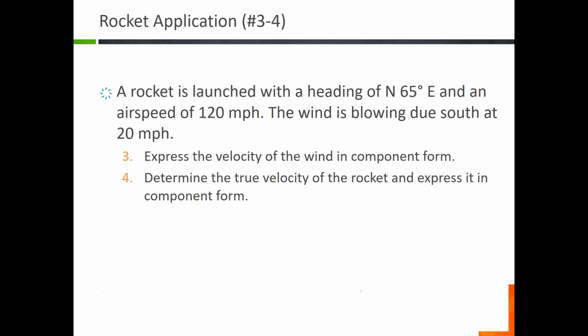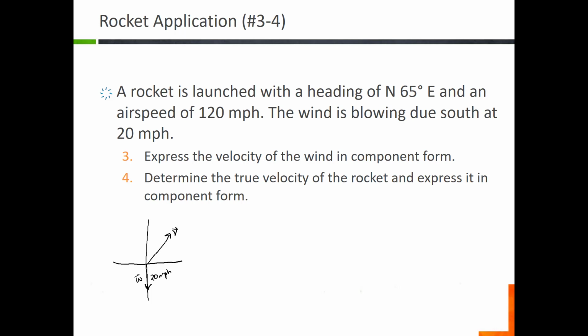So next we want to find the velocity of the wind. Again, we know the rocket was heading northeast at some velocity, which we just found. We know the wind is pointing due south at 20 miles per hour. So this one's pretty easy. Let's call this W, for the wind.